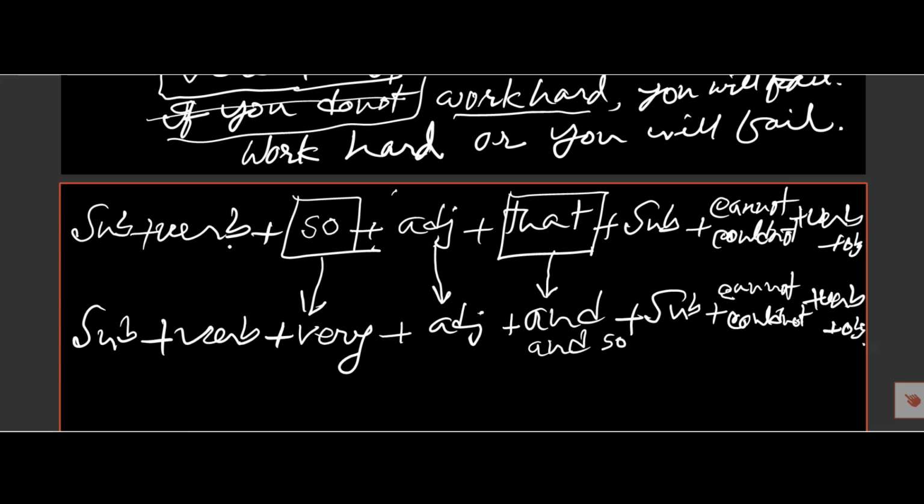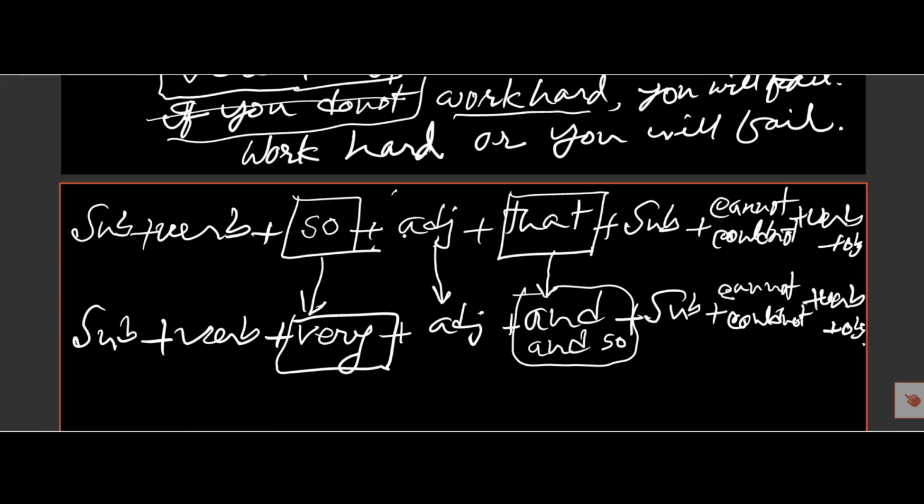I repeat, if in a complex sentence there is "so" plus an adjective, we must know that this is a complex sentence, and it can be transformed following that rule. Instead of "so" we must put "very", and instead of "that" we must put "and" or "and so".